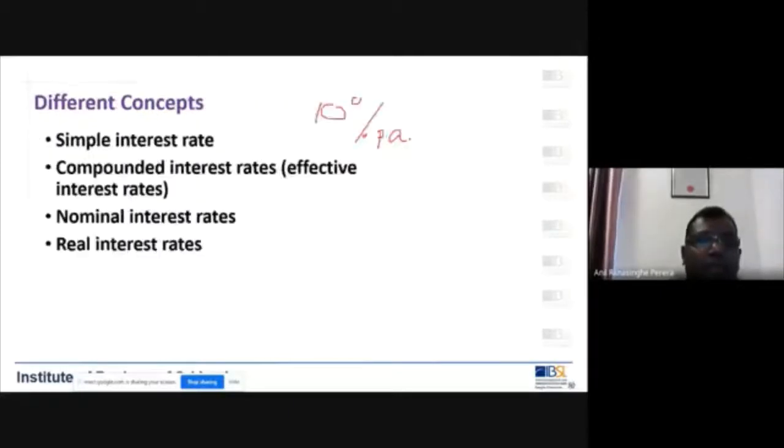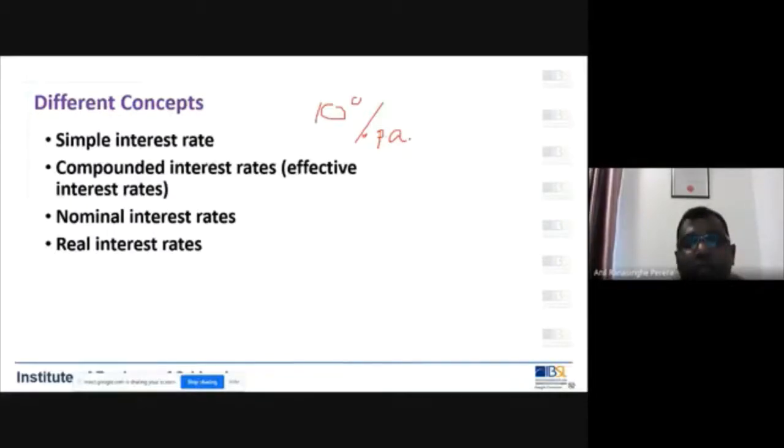I think I have definitions going forward. Compounded interest rate means we call it an effective rate, where there is interest on interest. I'll come back to that point. Nominal interest rate means simply the interest rate including the impact of inflation, which means non-adjusted for inflation.